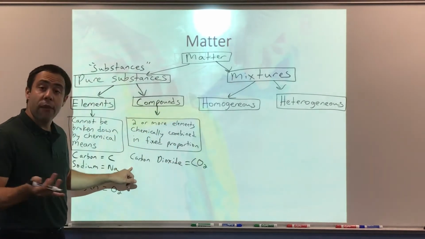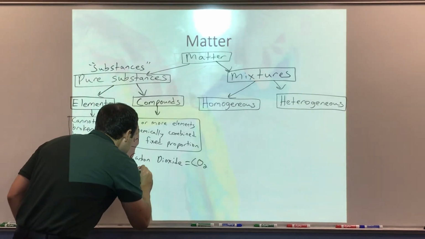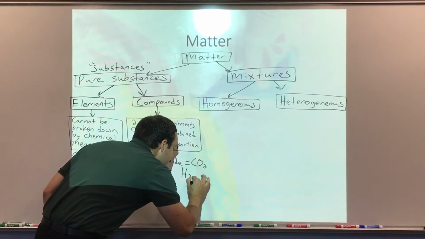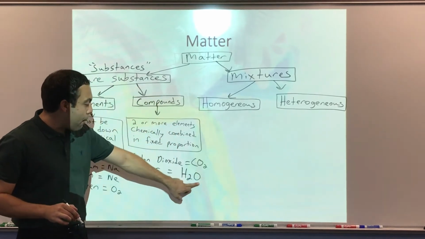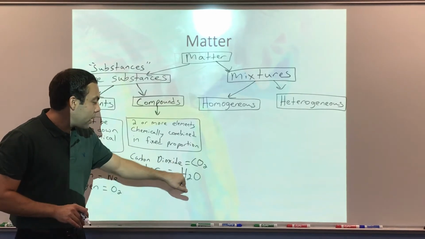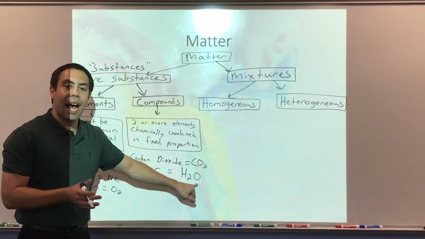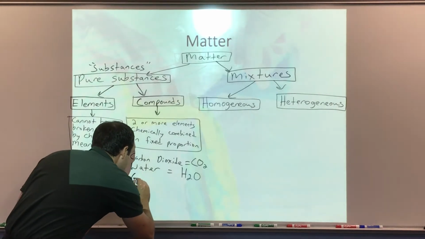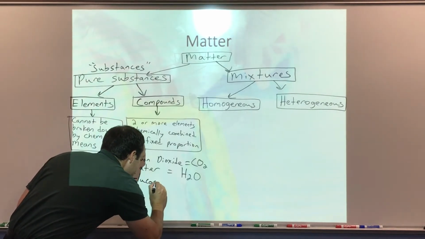You could also have water, which is H2O. Capital H, capital O, there's two H's, but since there are two capital letters, two different elements, that's what makes it a compound. You can also have our old buddy glucose, which hopefully you remember from living environment.